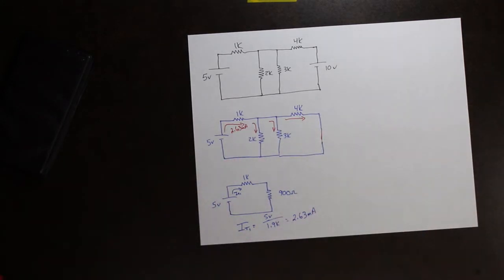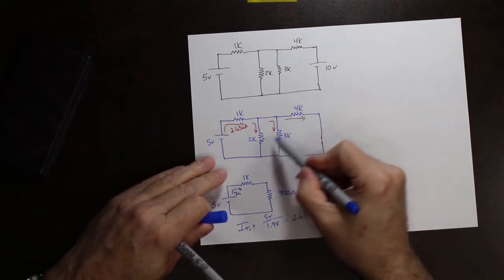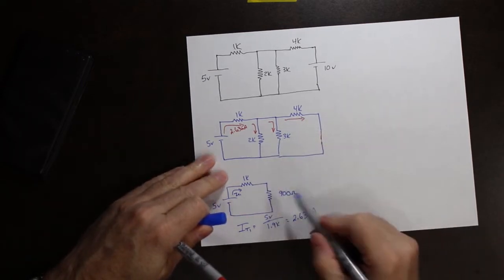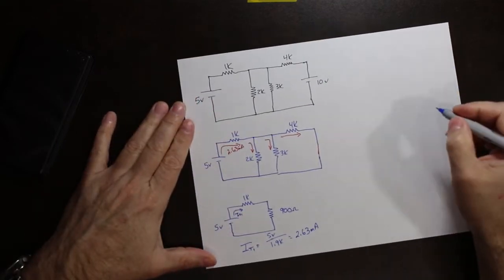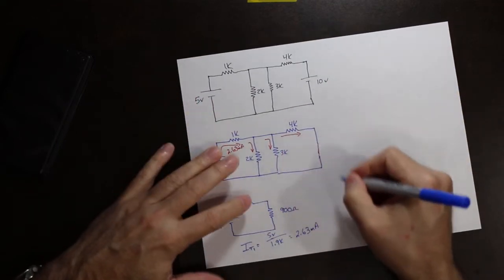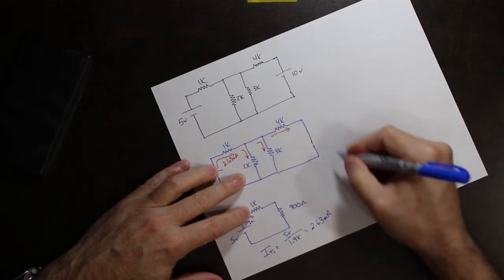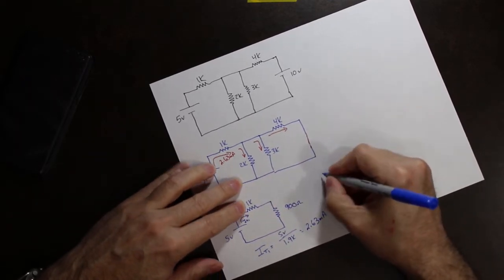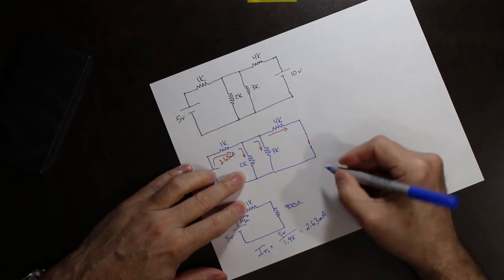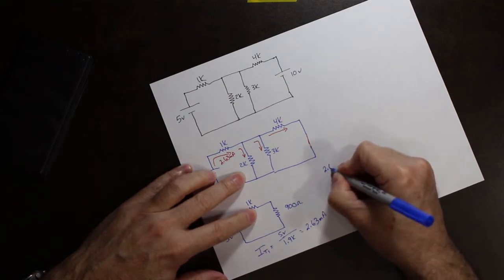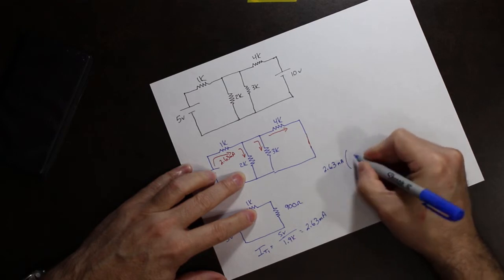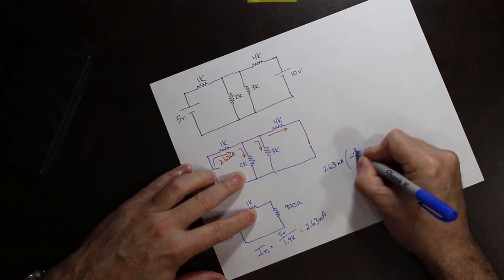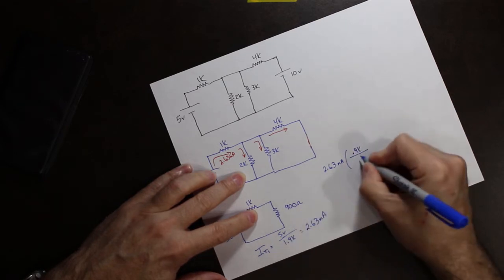We know that these three things in parallel come out to be approximately 900 ohms. So we are going to do three simple calculations. The first one is for the 2K. So we have 2.63 milliamps times 0.9K up top, so that's 900, and 2K on the bottom.